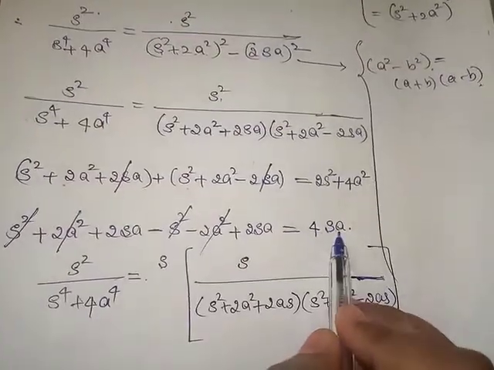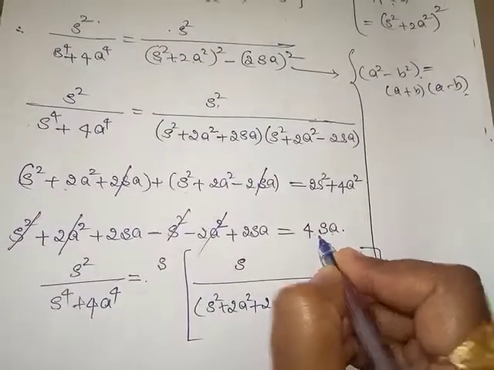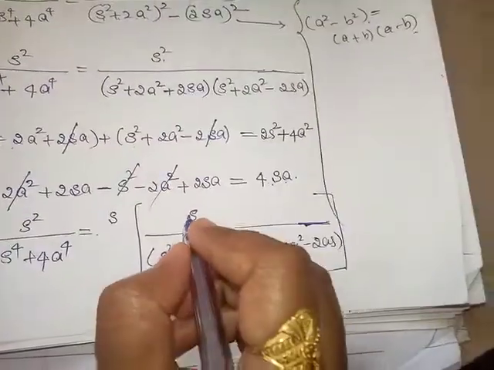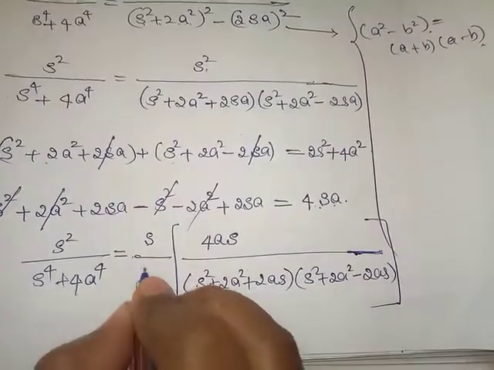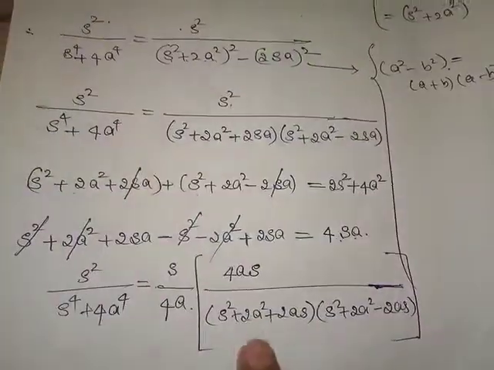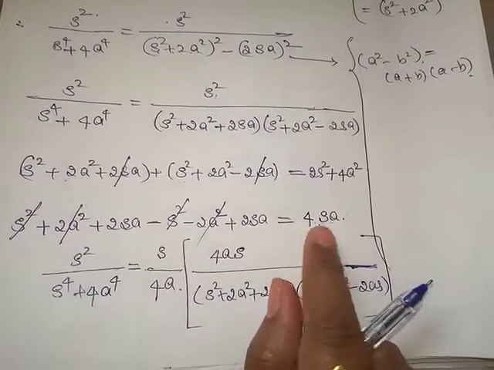To get this 4as I will multiply by 4a and divide by 4a, so in the numerator I will get 4as.